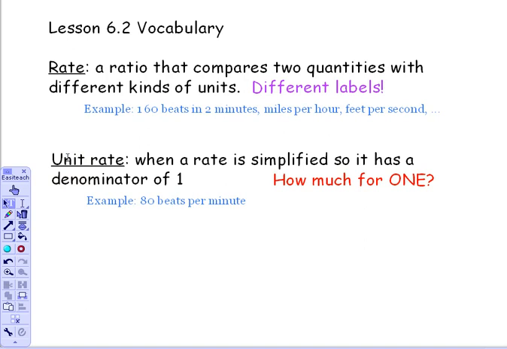So a unit rate is when the rate is simplified so that it has a denominator of 1. We're looking at how much for one, whether it be 1 hour, 1 minute, one person, how much money per person, or whichever. So you're always looking for how much for one. That's the key thing for unit rate.